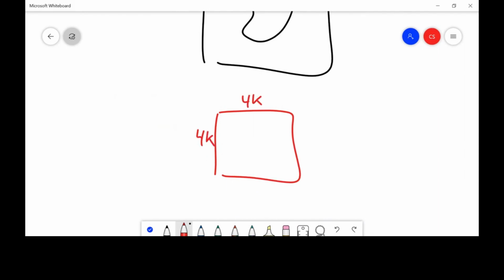How many pixels do you have? 16 megapixels, right? So if every pixel is taking 3 bytes, 1 byte for each of the channels, what is the size of this? 48 megabytes.